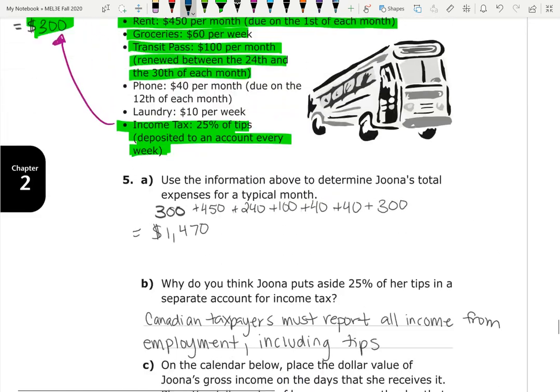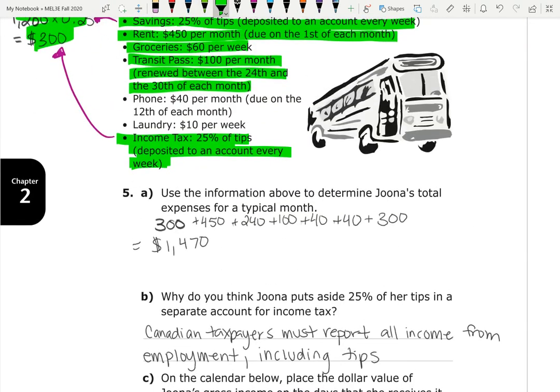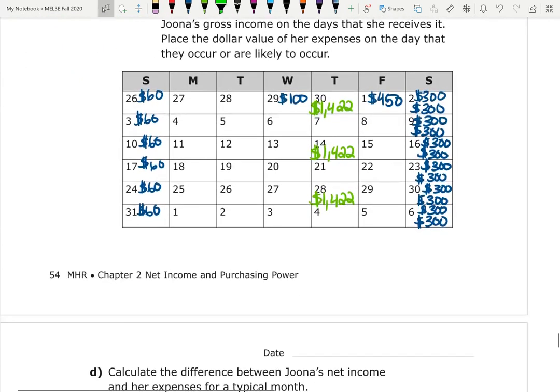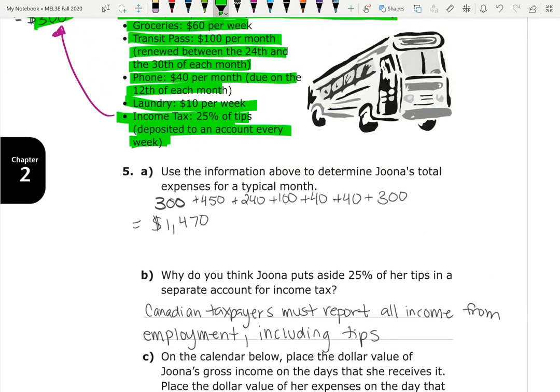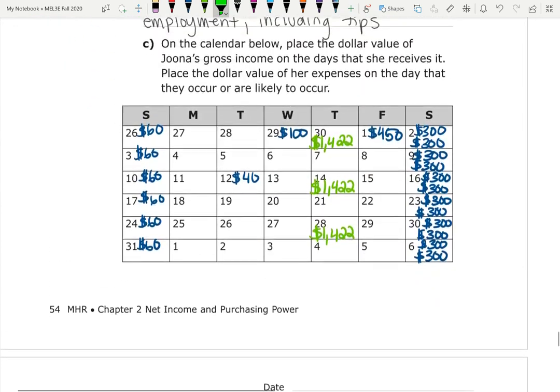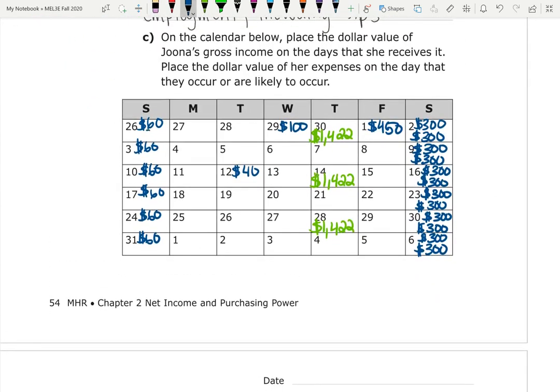Okay, and then phone, $40 a month, due on the 12th of each month. So on the 12th, she pays $40. And finally, laundry is $10 a week. So let's say that she does laundry on Sundays. She goes grocery shopping and does her laundry on Sundays. So $10 every Sunday.